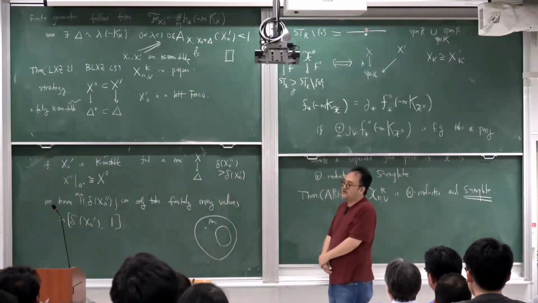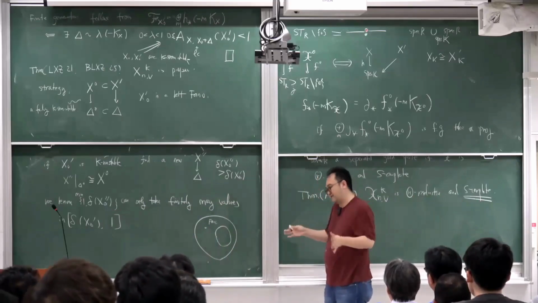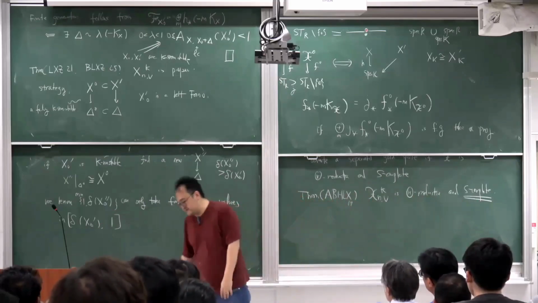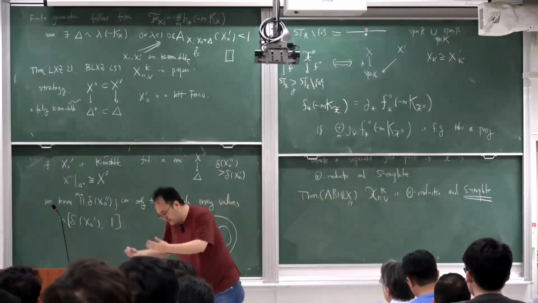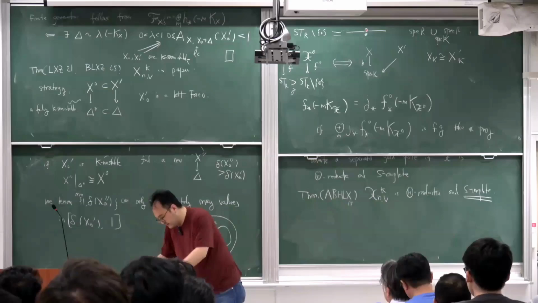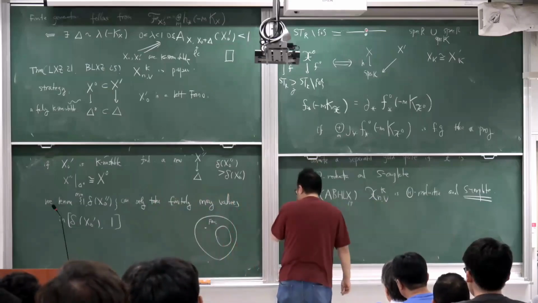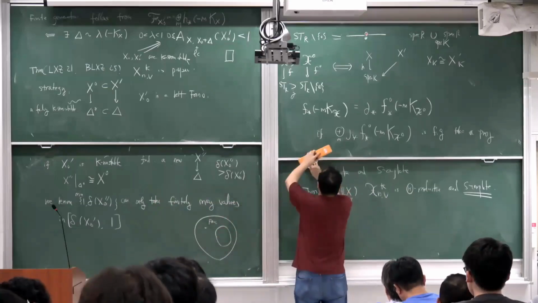If you look at the original argument, it comes from some general result about stacks. So we really want to find a birational geometry description of what the replacement is, and now we do have one.